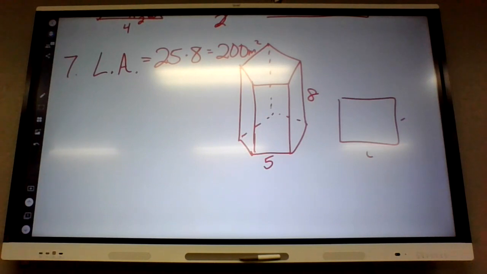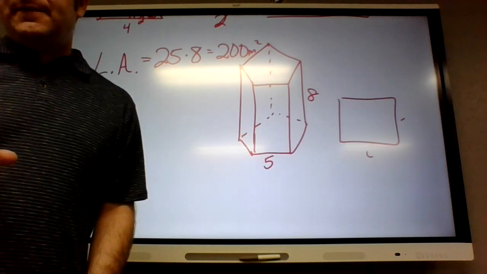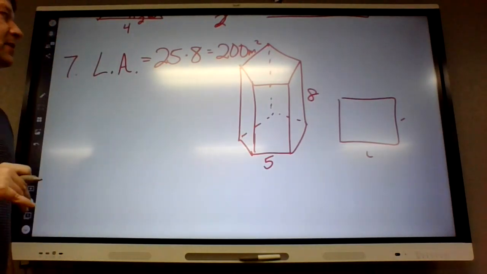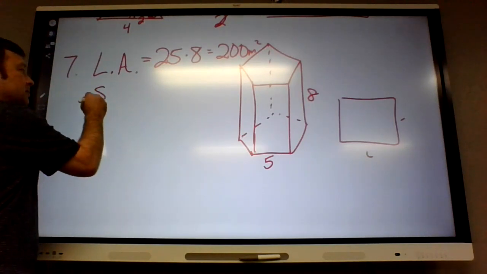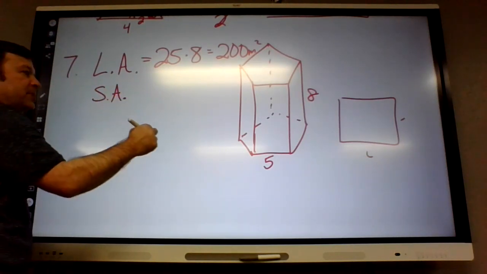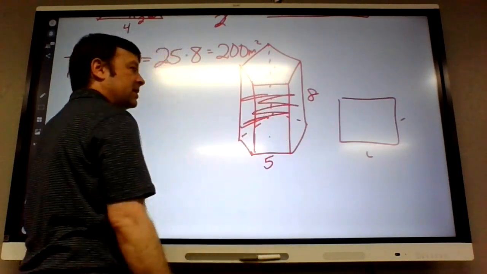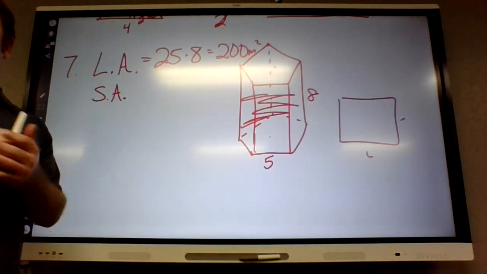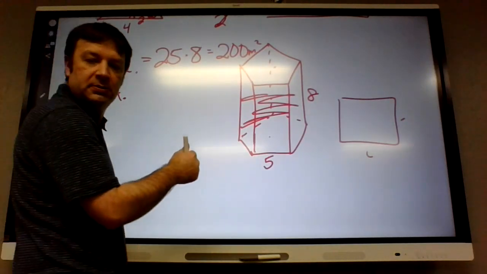Now, the second question on number 7 is find the surface area. So what are we missing to find the total surface area? The 2 bases. We've got all this stuff, we just don't have top and bottom. So how am I going to find the area of that pentagon?